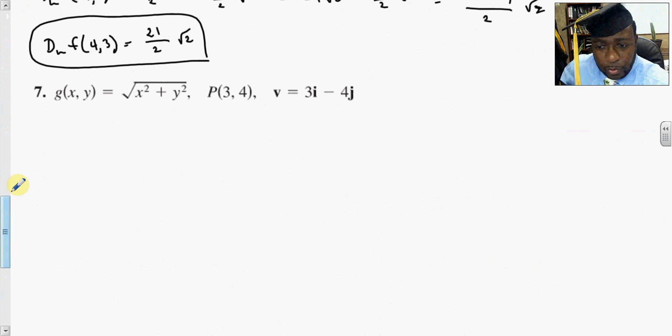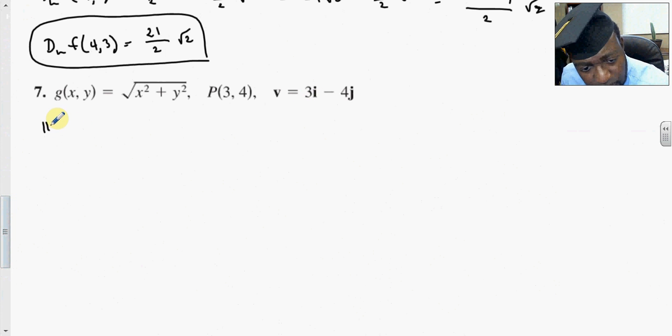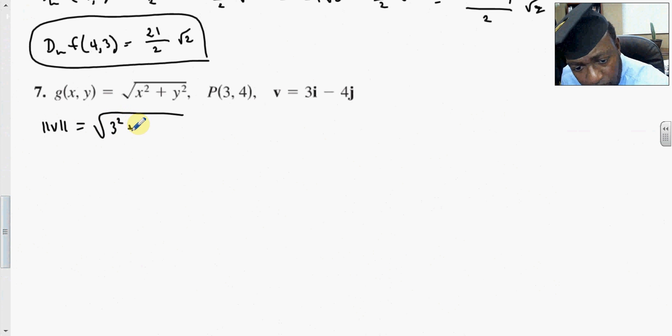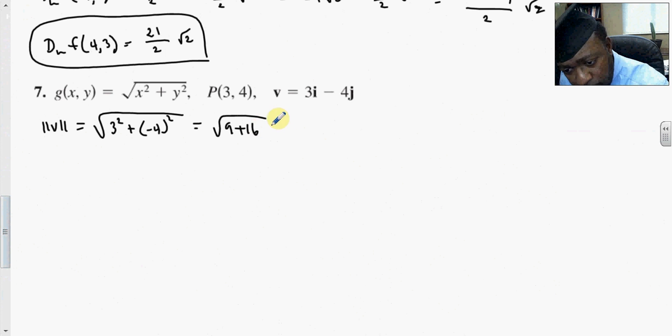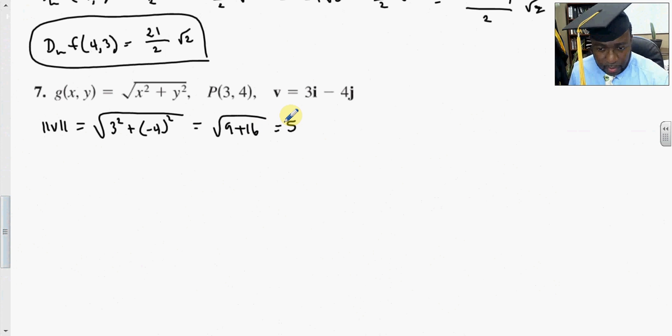Move on further. We examine this. Now, v, if you take its norm, we get the square root of 3 squared plus negative 4 squared, which gives us the square root of 9 plus 16. It gives us 5, the square root of 25. So indeed, v is not a unit vector.